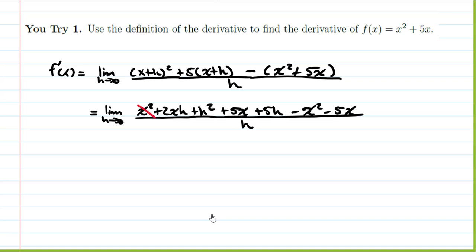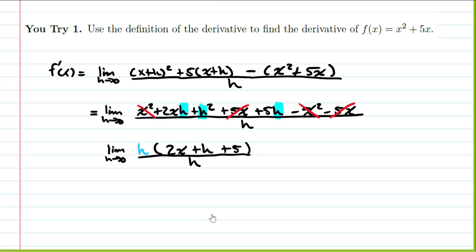So then we have a positive x squared and a negative x squared. We have a positive 5x and a negative 5x. So now all of the terms that are left all contain a common factor of h. So factoring out our h leaves us with the limit as h goes to 0 of 2x plus h plus 5, all divided by h.